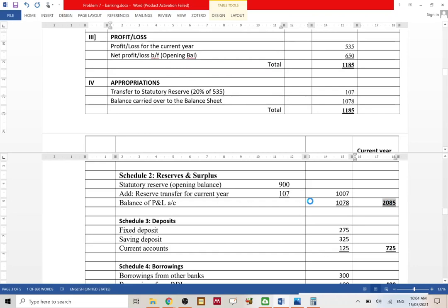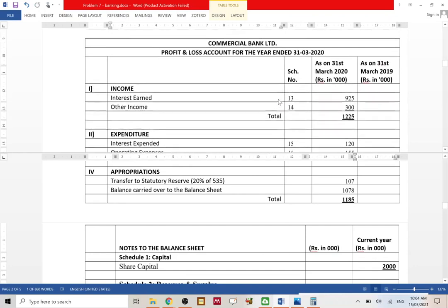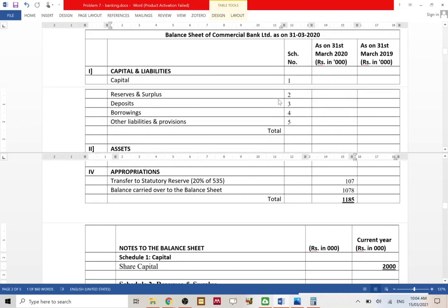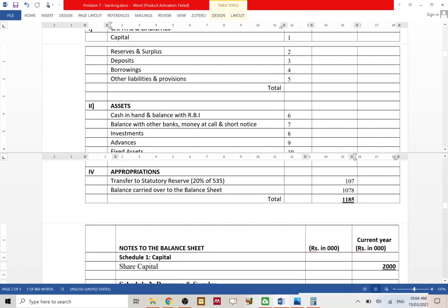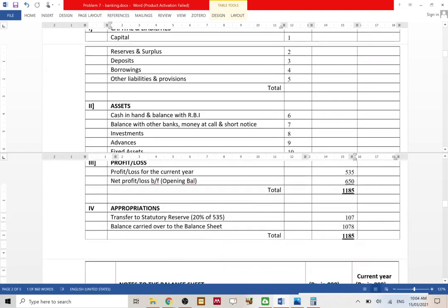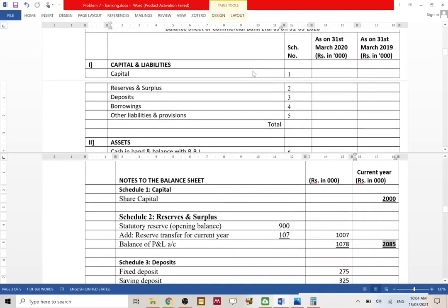Okay. So I guess with that we are done with the profit and loss account. All the figures there are done, all schedules marked, and we can now complete our balance sheet based on all the notes that we have prepared. Let's transfer. First one, capital. We look down here for all our working notes and we enter the amounts here.